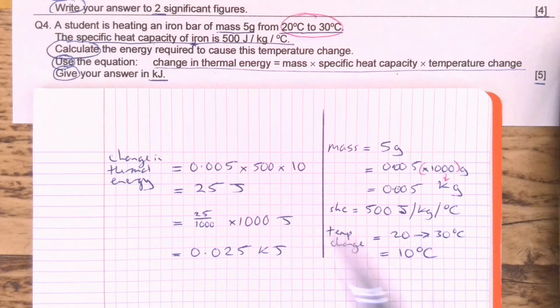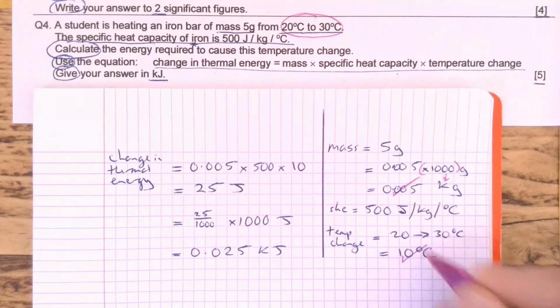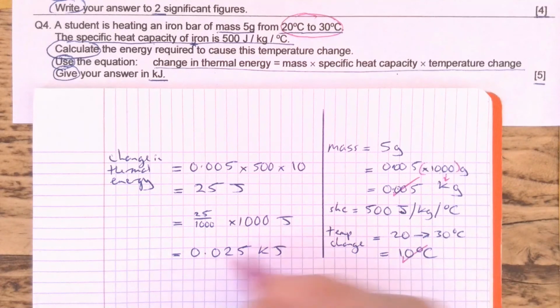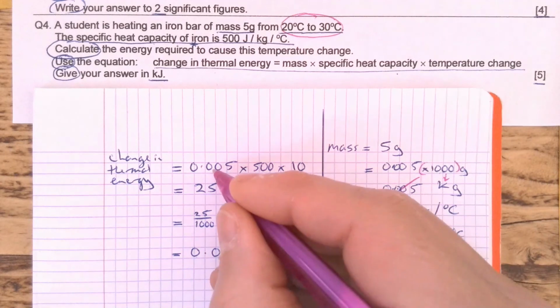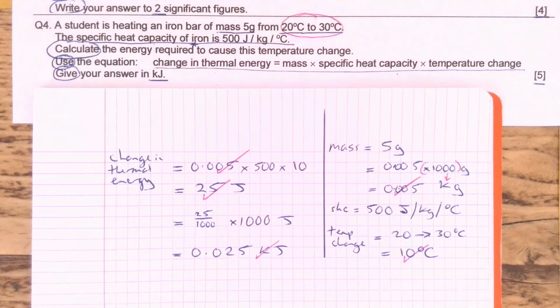Okay, 5 marks. That's over a grade in that question. If we quickly look through, where would I get the marks? 1 there, 1 there, 1 here, the kilojoules. So that's 3, 1 for the substitution and 1 for the answer. So there's 5 marks right there.